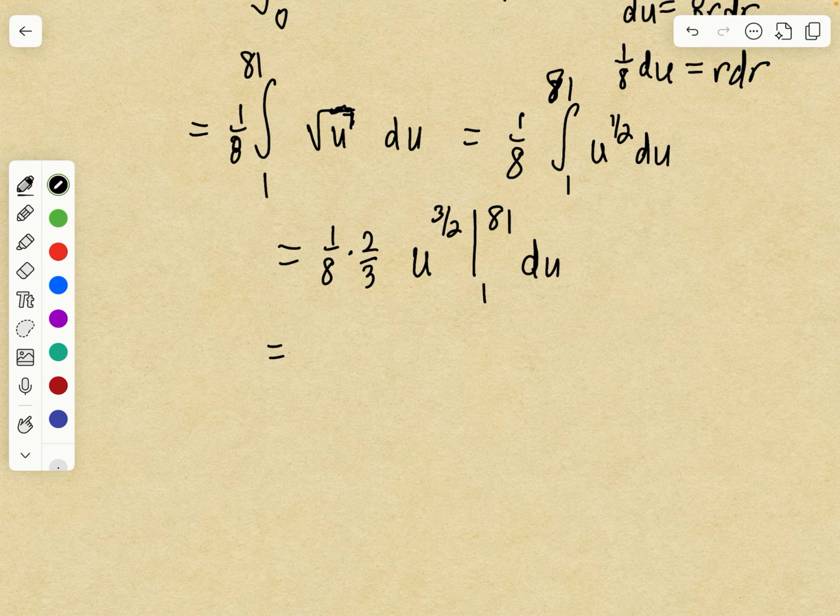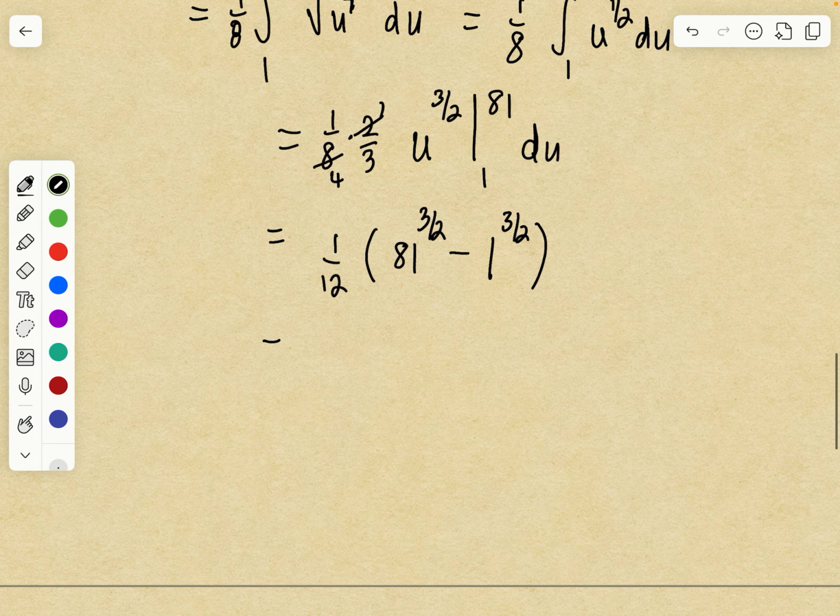Now I can simplify this fraction. 1/8 times 2/3 is 1/12, dividing both by 2. Then I multiply that by 81 to the 3/2 power minus 1 to the 3/2 power. To do 81 to the 3/2 power, you take the root first and then the power.